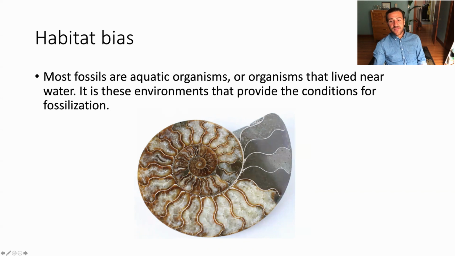I actually have a nautilus shell like this. You can see that this shell has been filled in with other materials through time, right? We have other rock materials that have settled within this shell of the past organism.